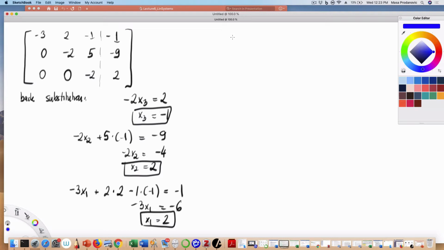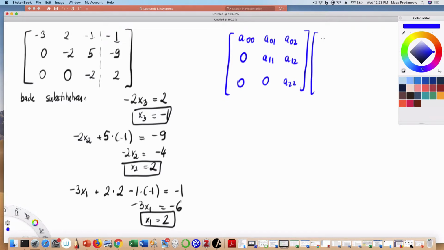Okay. So then what we really have is A00, A01, A02, 0, A11, A12, 0, 0, A22, times x0, x1, x2. So sorry, I shifted the x's now, right? This would be Python.